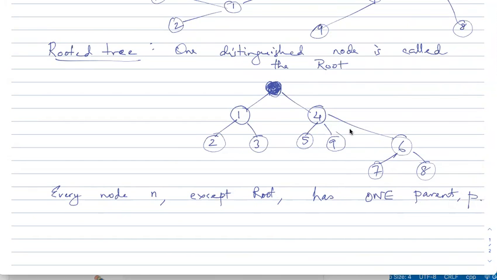Take any node, say 9. 9 has only one parent, which is 4. Take 6, only one parent, which is 4. But take the root, it does not have any parent. So therefore, except the root.